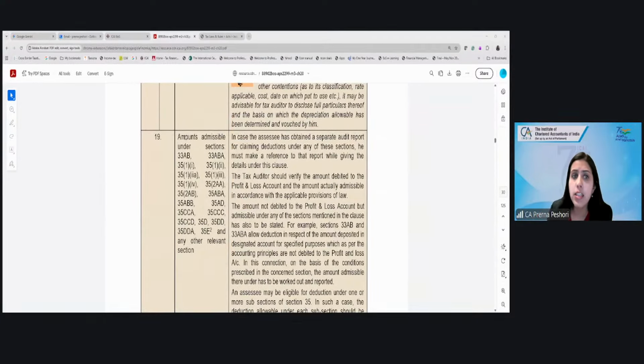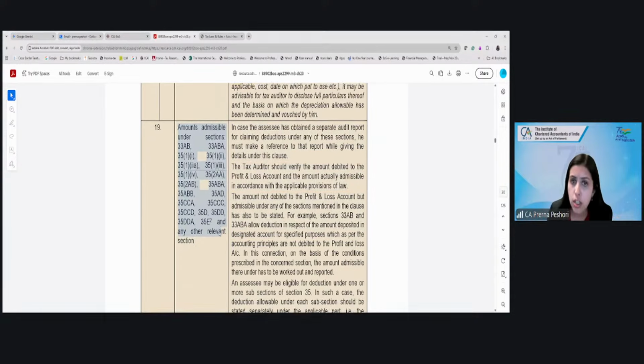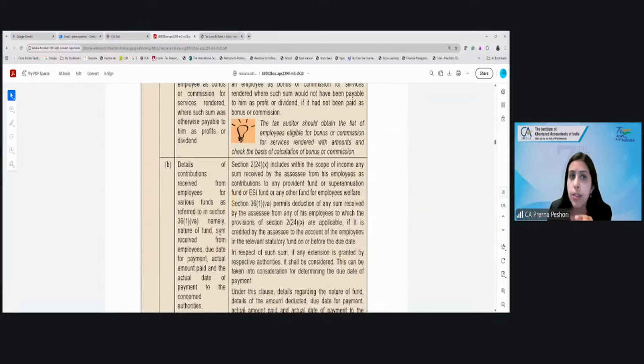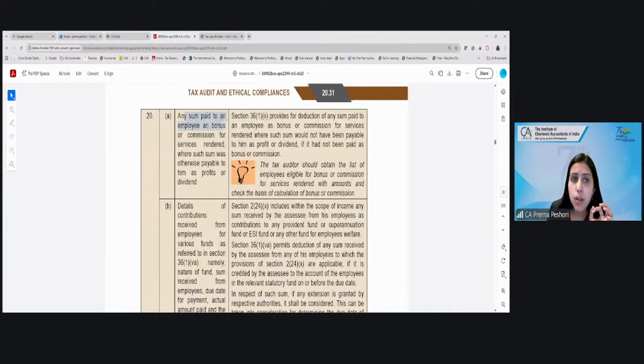Then 19 is about amount admissible under these sections, which are the specific deductions which are given. You need to put the amount with respect to that. Then 20 was any sum paid to an employee as bonus or commission for services rendered where such sum was otherwise payable to him as profits or dividend.